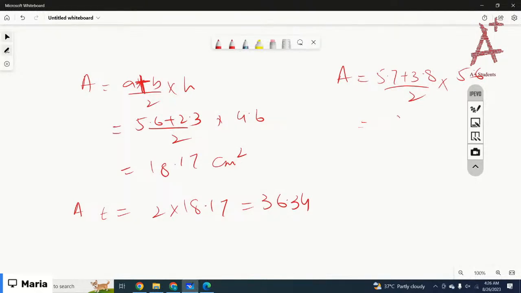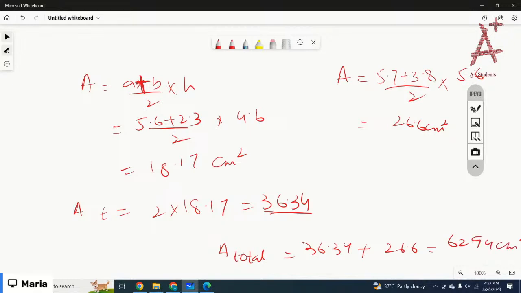When you solve, the value is 26.6 centimeter square. So for the total area of the figure, you have to add these two areas, 36.34 plus 26.6. The correct option is 62.94 centimeter square.